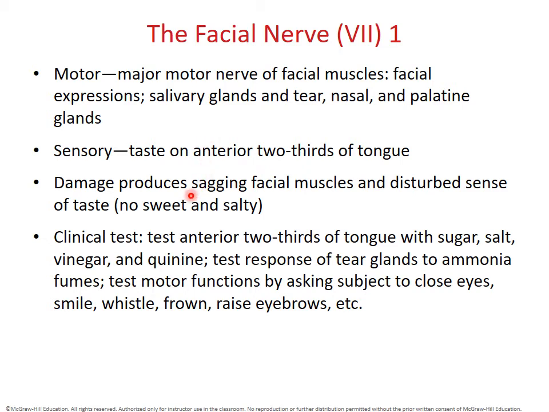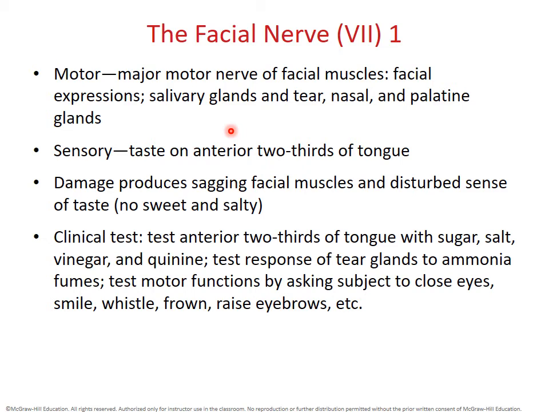The facial nerve takes a circuitous route to get out of the skull. It initially passes through the internal acoustic meatus, heading towards the ear, but it then passes through the middle ear chamber.